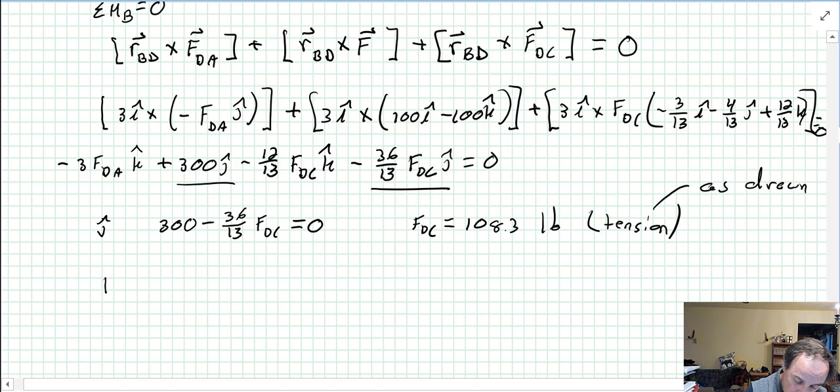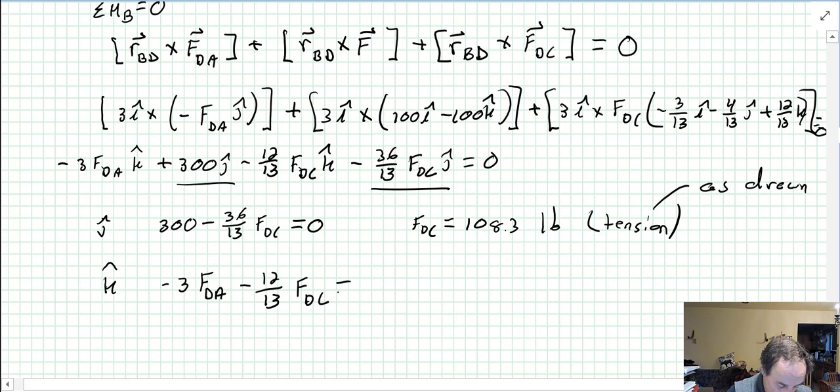Okay. K is minus 3 times the magnitude of the force DA. Oh, no, the K doesn't go in there. Minus 12 thirteenths FDC equals 0.